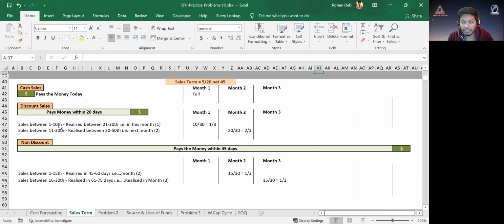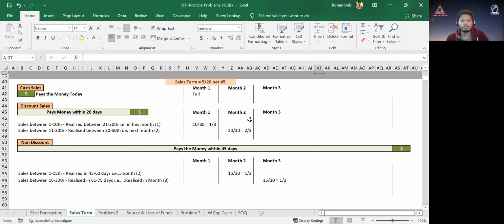For the first to the 10th of the month, whoever purchases on the first will pay on the 21st, and whoever purchases on the 10th will pay on the 30th. So 1st to 10th is realized in month 1, and 11th to 30th is realized in month 2.